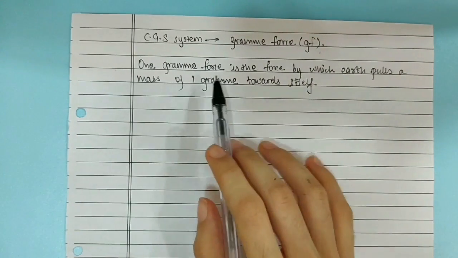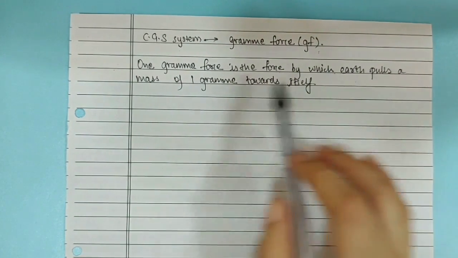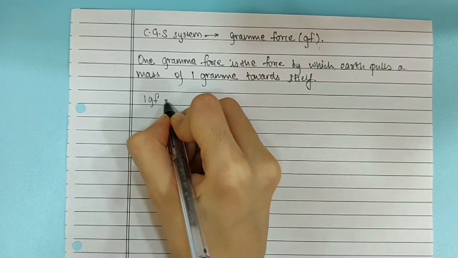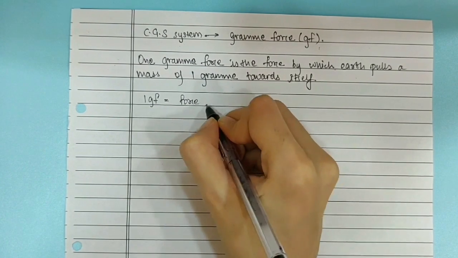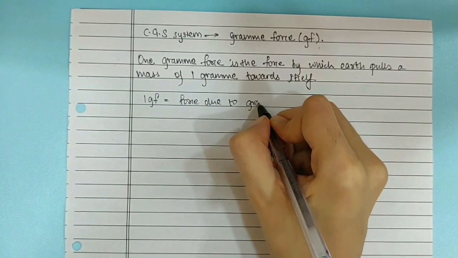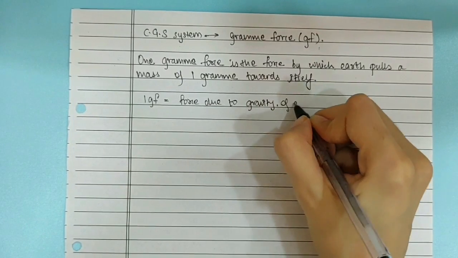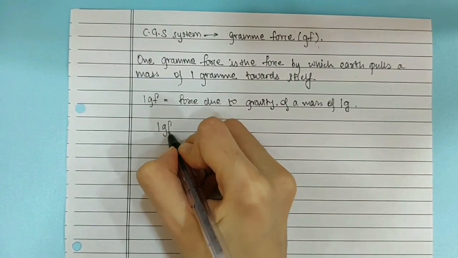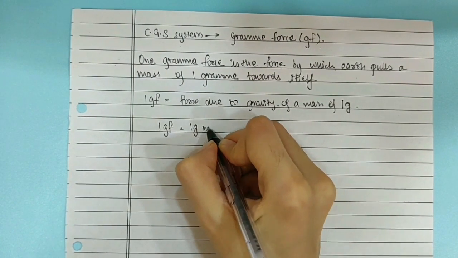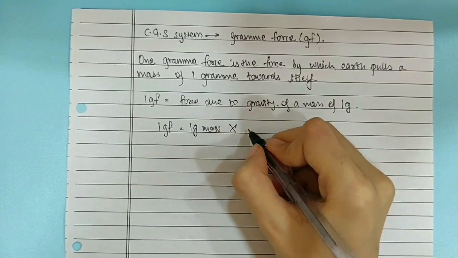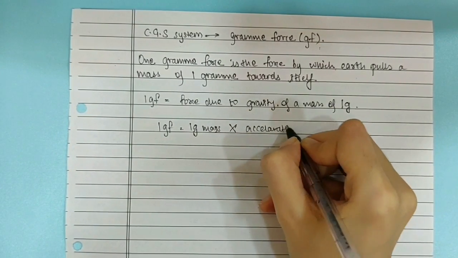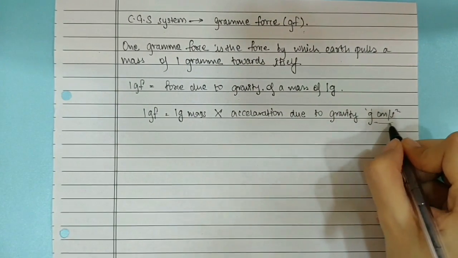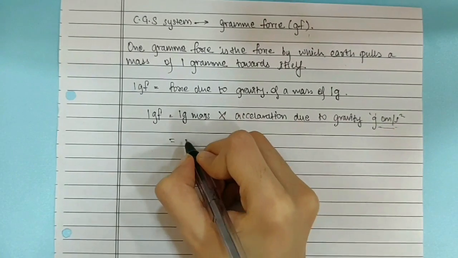Thus, 1 gf is equal to the force due to gravity on a mass of 1 gram, or 1 gf is equal to 1 gram mass into the acceleration due to gravity g centimeter per second square, and that is equal to g dyne.